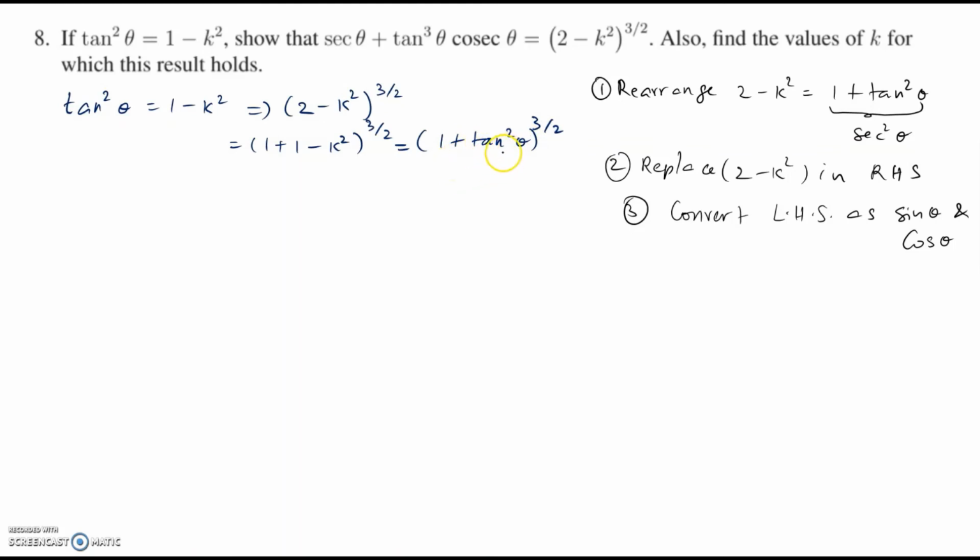And we know that 1 + tan²θ is equal to sec²θ. So that's equal to (sec²θ)^(3/2). So sec²θ to the power 3/2 will become, 2 and 2 cancel, will be 3. So that's equal to sec³θ. This is equal to our RHS.